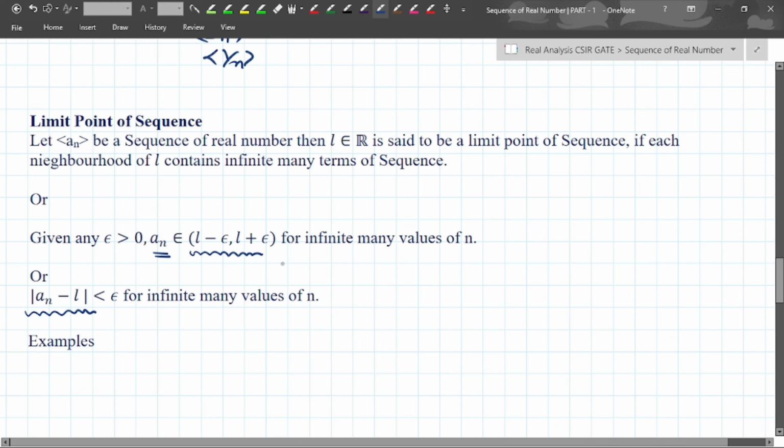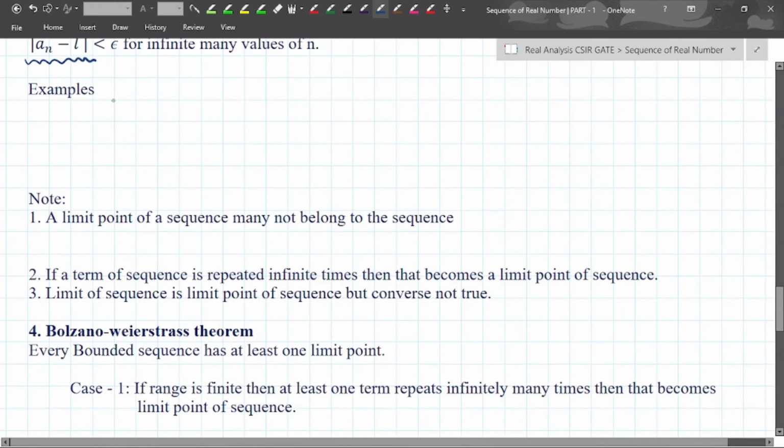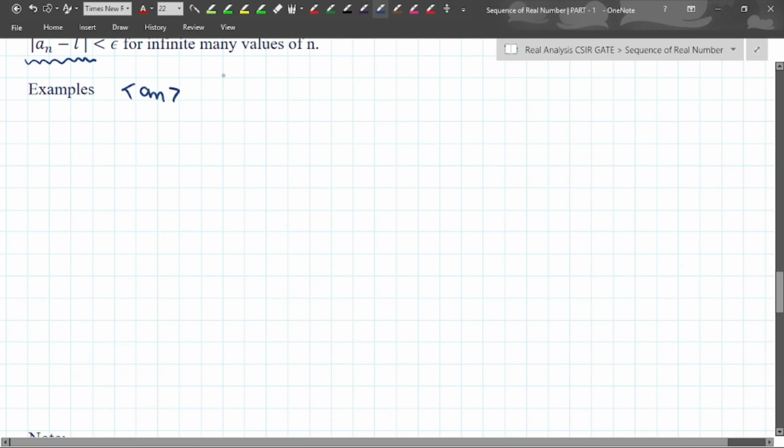Now how is it a limit point? Let's see. For example, I have one sequence a_n equal to 1, 1, 1, and it will go up to infinity, infinite times 1. Let's take L equal to 1.